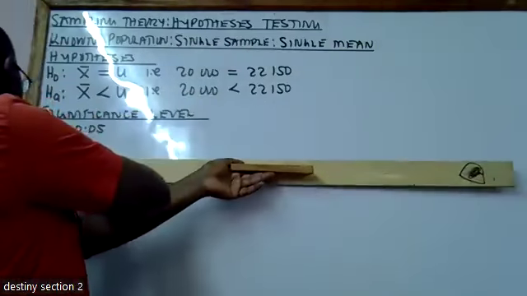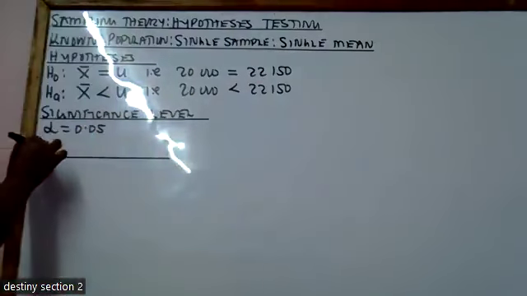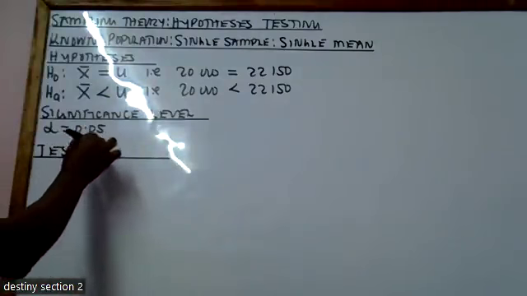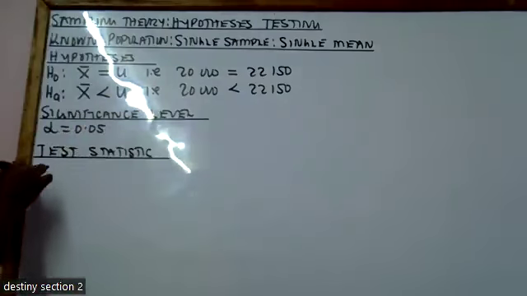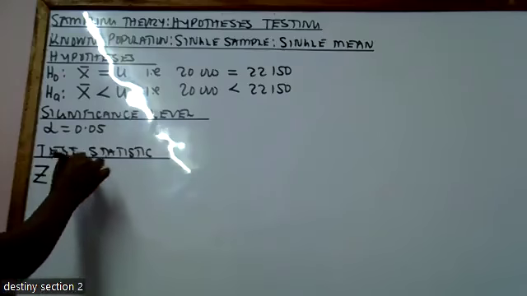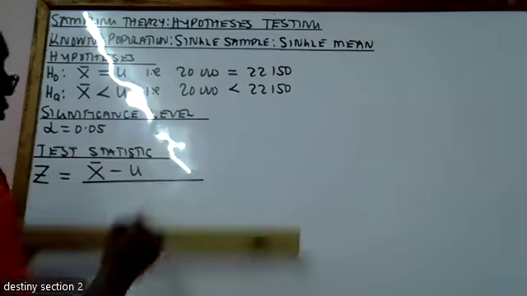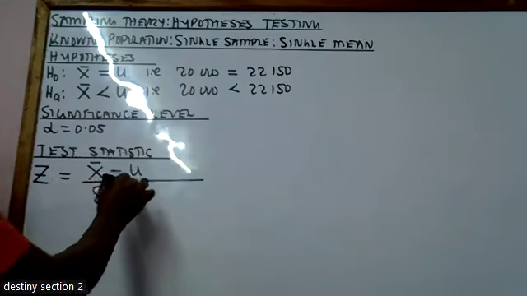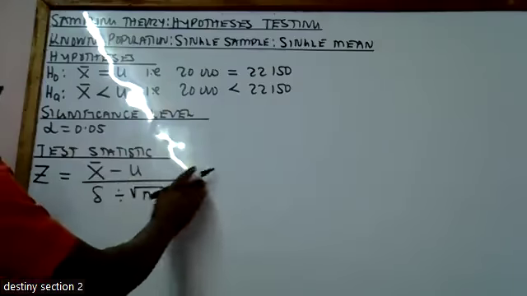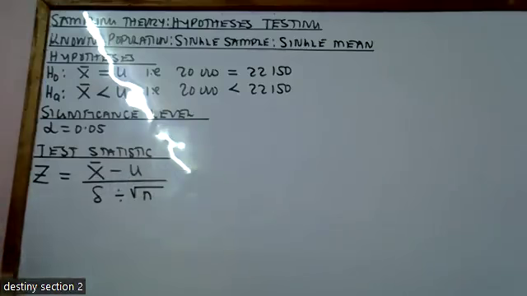From there, we know so well that the test statistic is Z equal to X bar minus mu, divided by the standard deviation divided by the root of n.